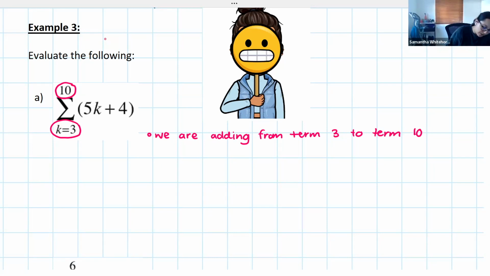So what we're going to want to do here is we're going to substitute in for k equals 3, k equals 4, and k equals 5. Those technically are the first 3 terms that I add in the series. Yes, it's term 3, term 4, term 5, but I'm only starting my addition from there. So there's no point in stressing about term 1 and term 2. They don't feature here. They're not important to me right now.